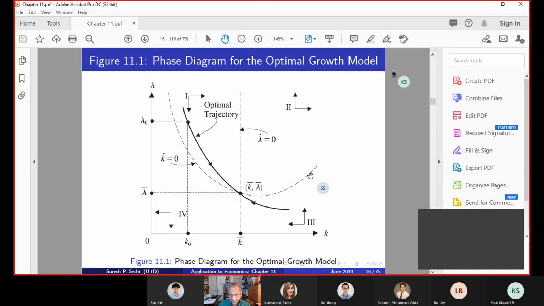So this is the goal. And now the next question is, is there a lambda 0 such that this convergence takes place? There are many ways that people have proved this. In my second edition, I had a different proof. In my third edition, it's a different proof.